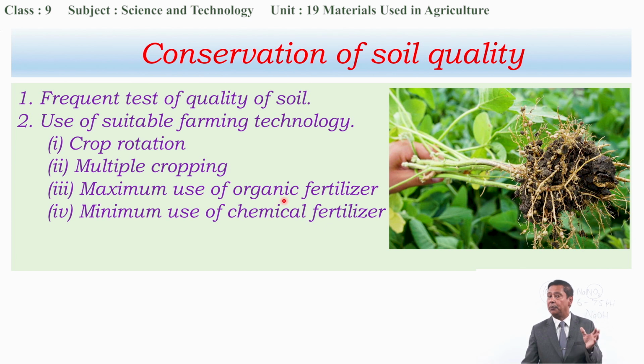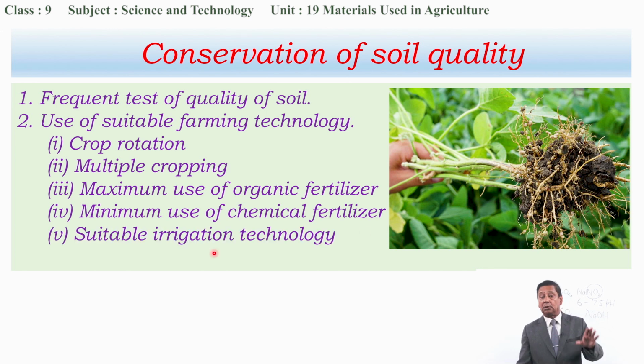Leaching means draining of water is prevented by this humus, organic fertilizer, and it also prevents the erosion of soil. That's why as far as possible we have to use maximum amount of organic fertilizer and minimum amount of chemical fertilizer.